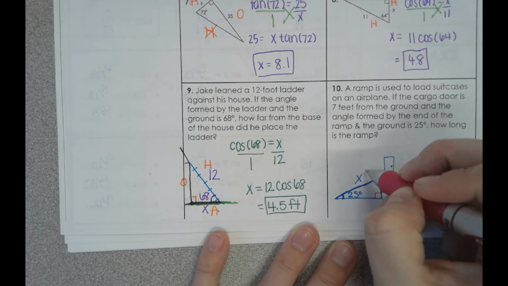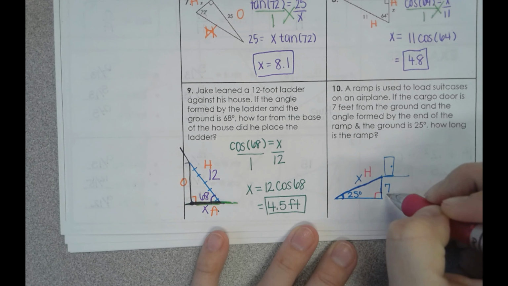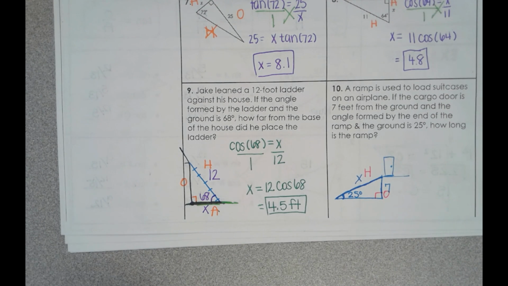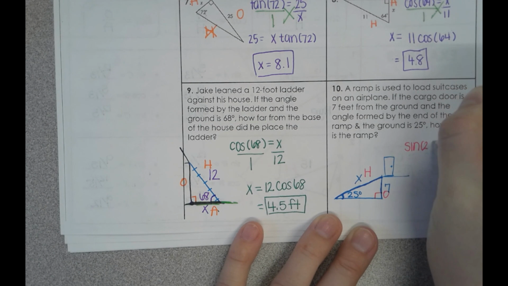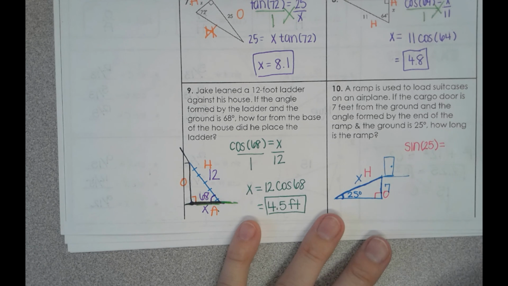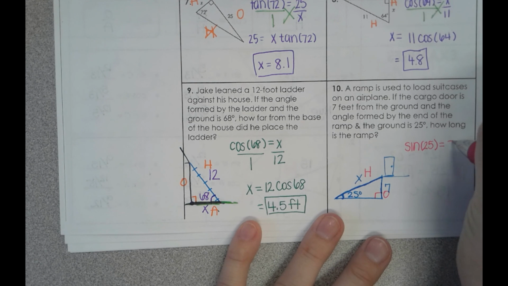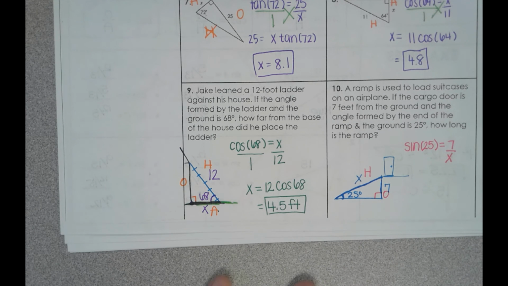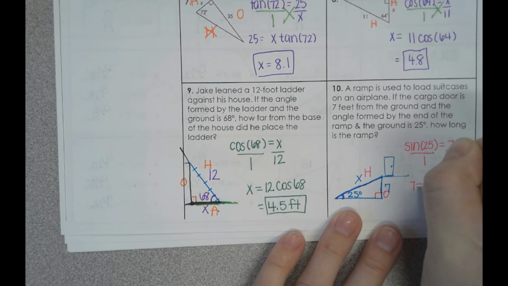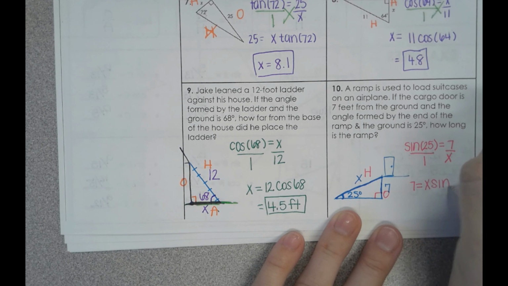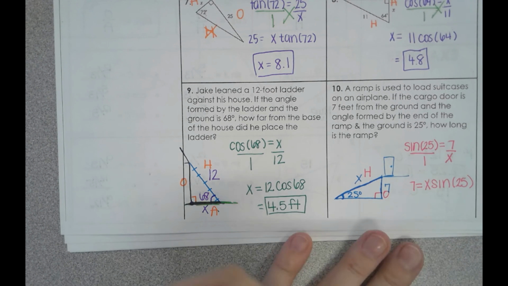So this would be my H and my O. So we are using sine here. So sine of 25 equals O over H. So 7 over X. So if I put my 1 under there, we get 7 equals X sine of 25.